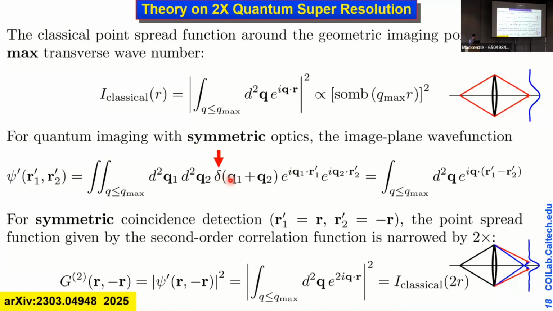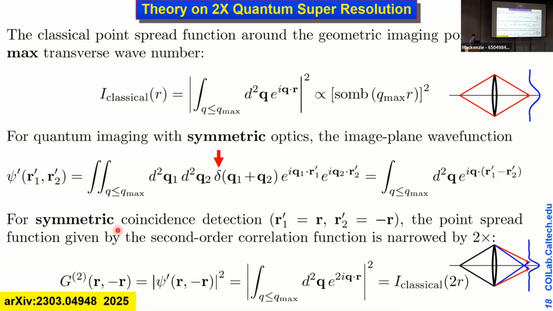Without this delta function, you get a product state. In fact, sometimes if you mess up this entanglement, you reduce yourself to the product state. So here we take advantage of this delta function. And you can easily convert this integral into this integral. And now it gets interesting because you've got this R1 prime minus R2 prime.